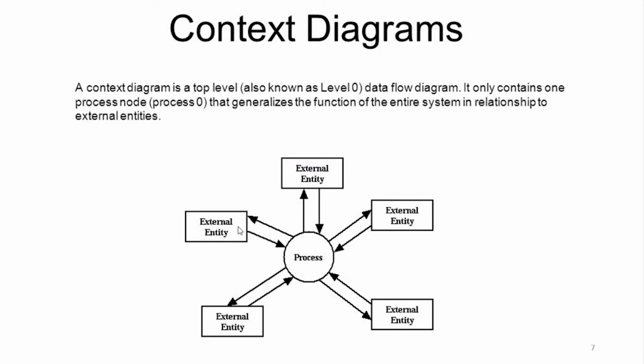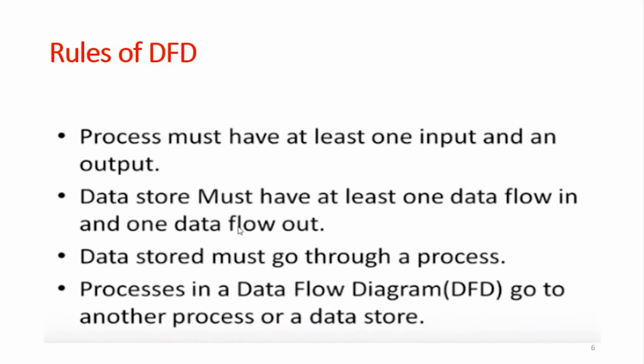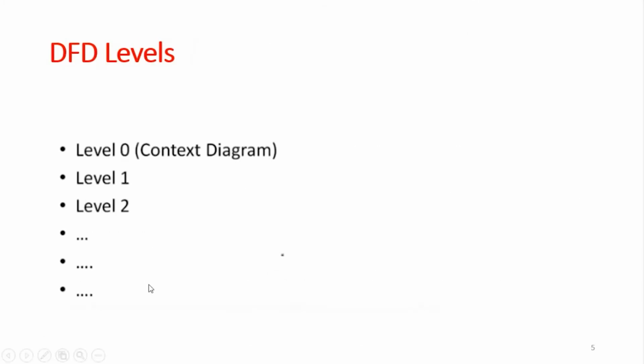Further, as we go, we can split the process we have represented in the level 0 diagram in the next levels into several processes to represent the detailed functionality which is going to be performed in that system. Also, data stores can appear in higher levels of the DFD, right? So basically level 0 gives you the overview of your system.